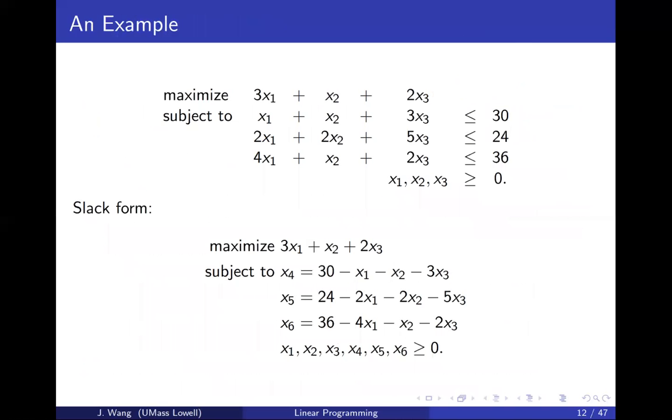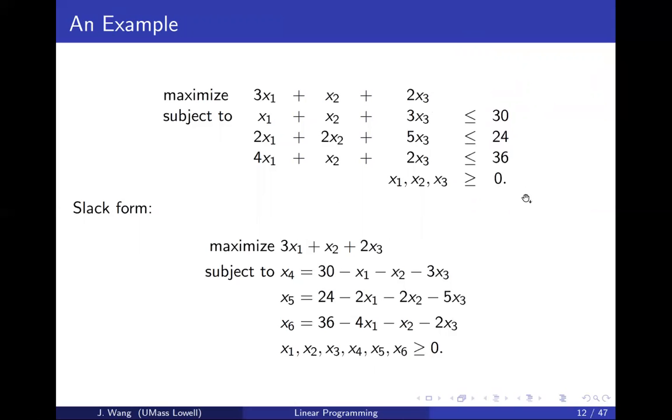The best way to do so is to use an example. The best way to explain the simplex algorithm is to use an example. So given here is an example of 3 variables. We have the objective function 3x1 plus x2 plus 2x3. We have 3 constraints.